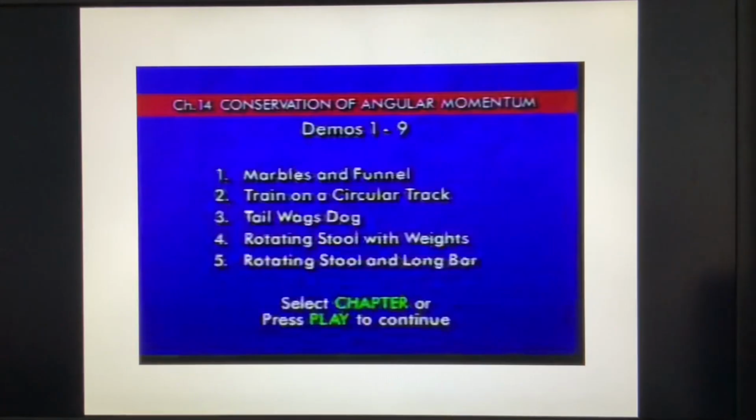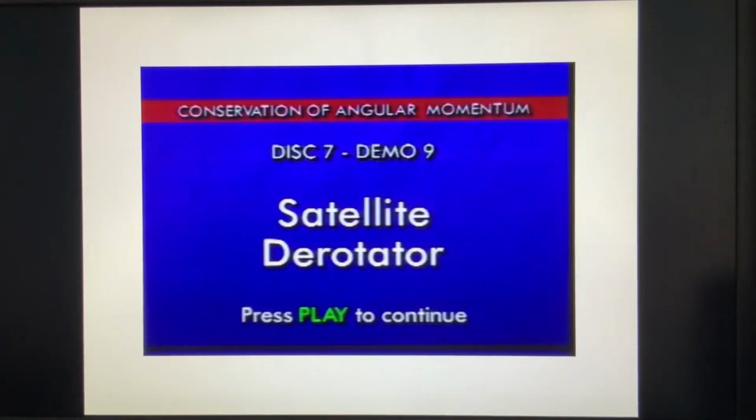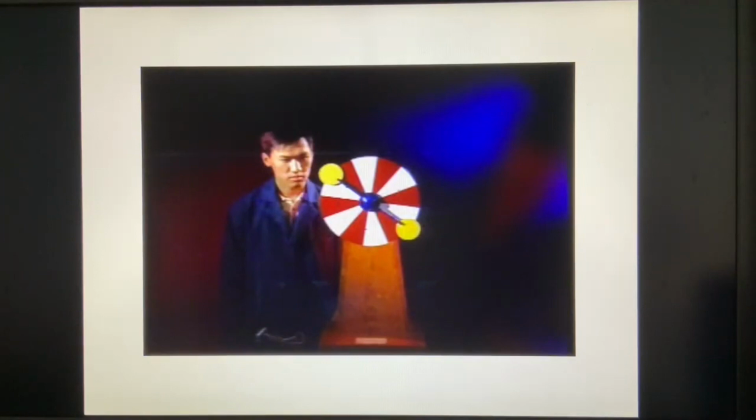This animation shows the motion from above. This large metal disc is free to rotate on a bearing. A pair of smaller discs is attached to the outer edge.